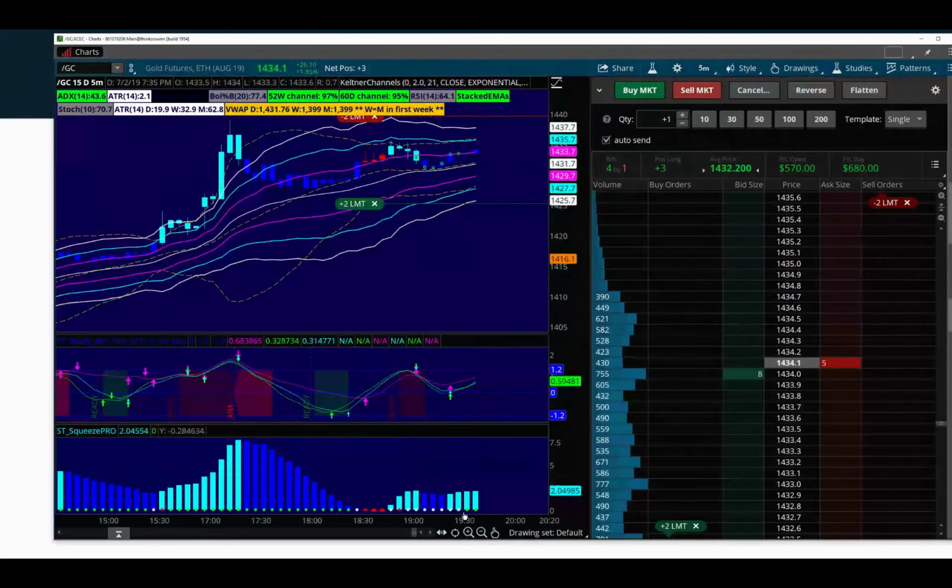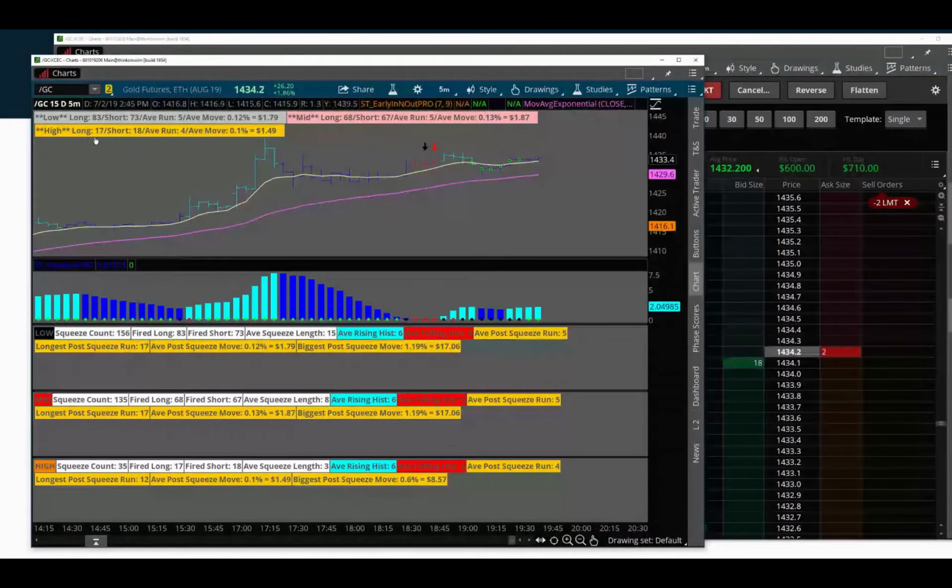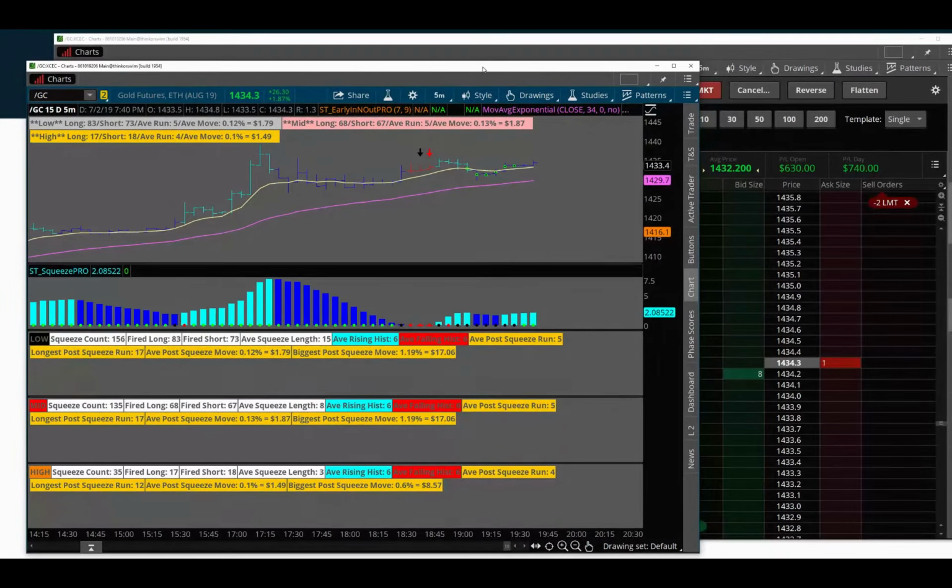This goes fast. The average squeeze lasts about 7 to 8 bars, okay? And in fact, what we can do here is say, we'll talk more about this later, is we can see like, okay, on a 5-minute chart, the average squeeze lasts, it's about $1.50. Okay, obviously on a larger time frame chart, it's going to be a bit bigger. So it tempers our expectations.